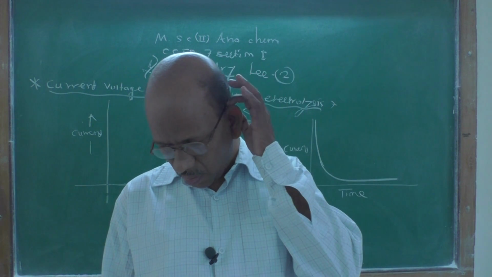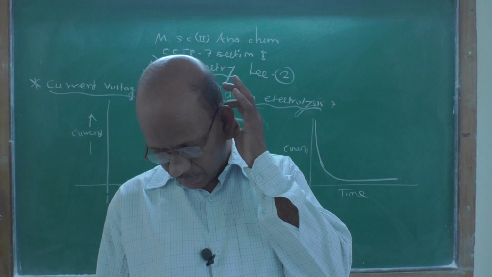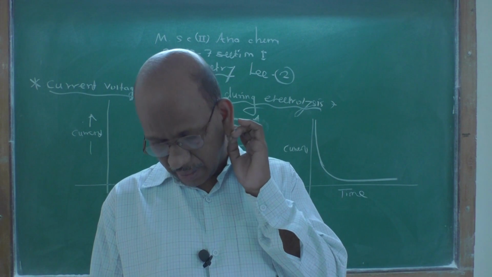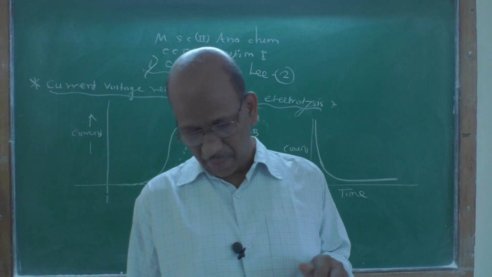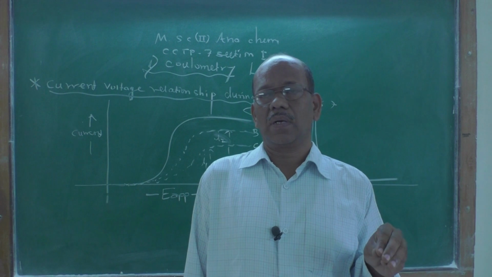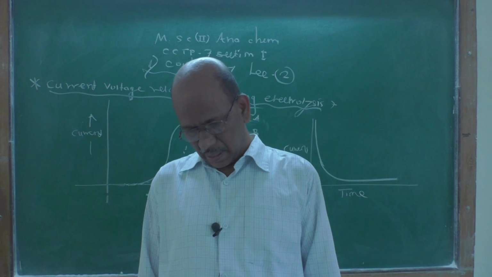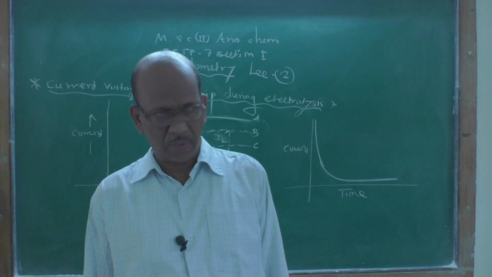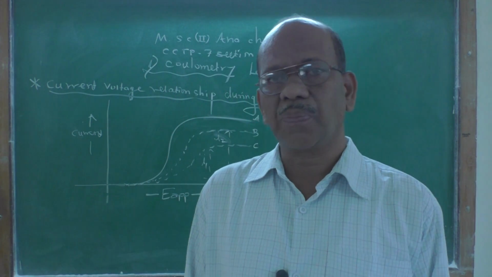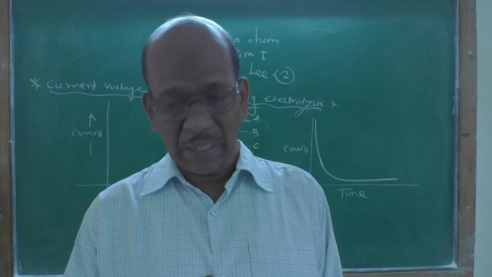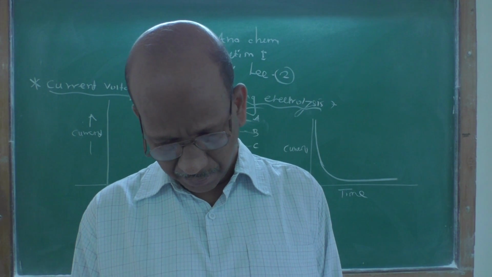The Faraday's quantity may be converted into coulomb. Coulomb Q is equal to IT, and generally 1 Faraday is equal to 96,500 coulomb. So this relationship we have to use.